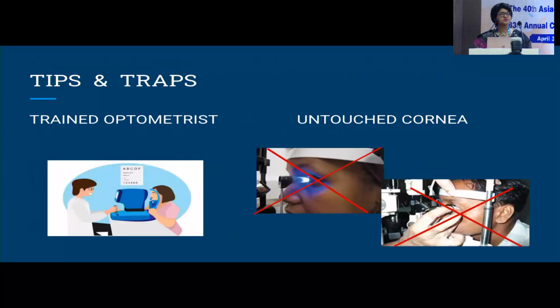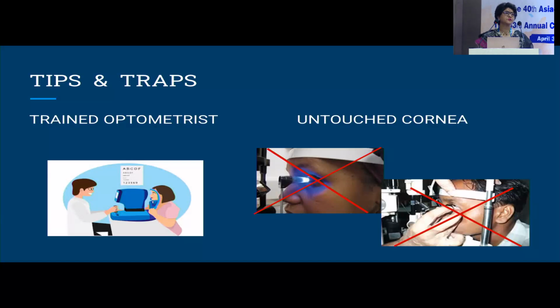It's important that when we are considering intraocular power calculation, we should not be handling the cornea. So we should, for instance, not do an applanation or a gonioscopy that day. You're going to change the readings. Always have a trained optometrist or do it yourself and be well versed with the technique, with the machine, with the data entry.